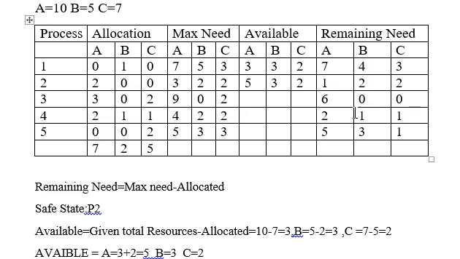For B, the need is 1 and available is 3, so yes. And C also is 1 and available is 2, so again this can be served easily. So the next process in line is P4. Alright, so we'll do the changes for the available now.